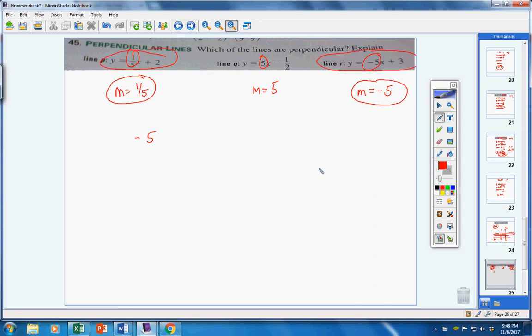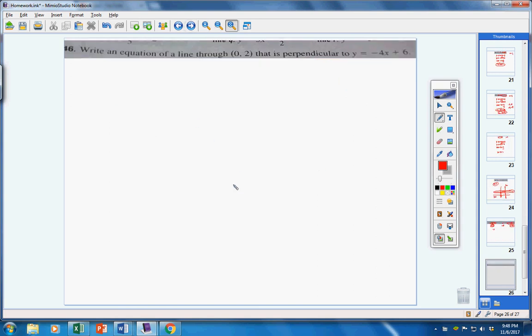Okay? Alright, number 46. Write an equation of a line that passes through this point here and is perpendicular to this line here. So really, students, the only thing you know right now is that the line passes through this point here. You don't know anything else. You really need the slope.